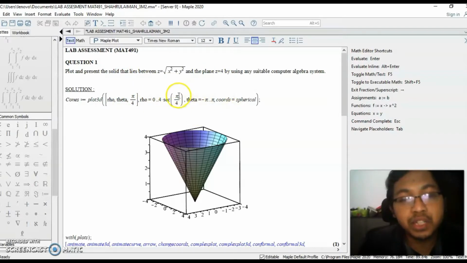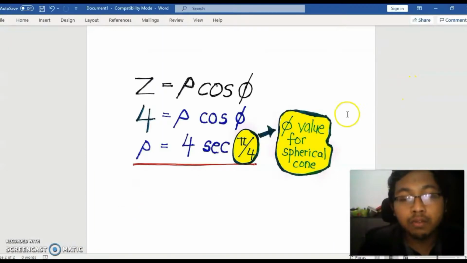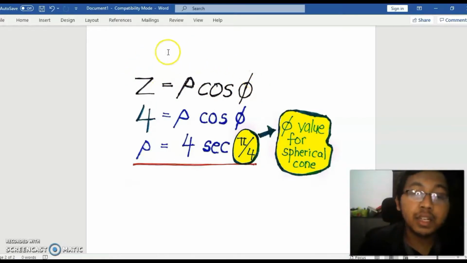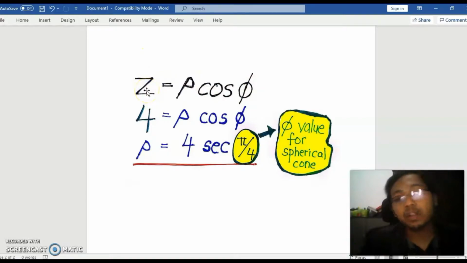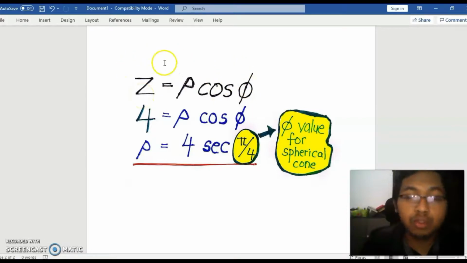For the range, rho I will put between 0 and 4 secant pi over 4. How do I get the value of 4 secant pi over 4? I obtain that value from this equation, z equal to rho cos phi. This is the general formula for z for the spherical cone, a fixed formula that we can use.